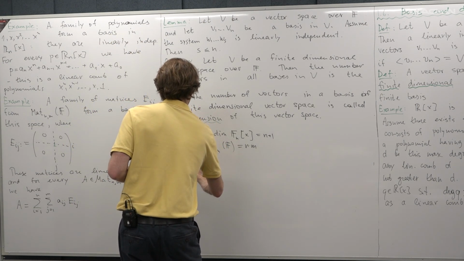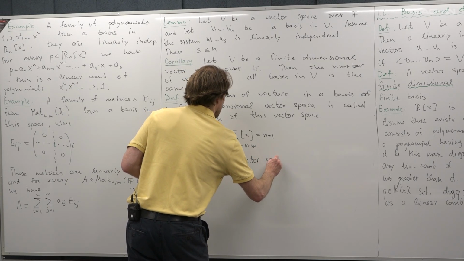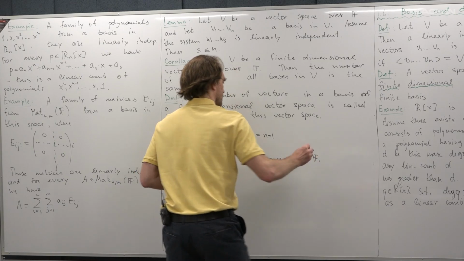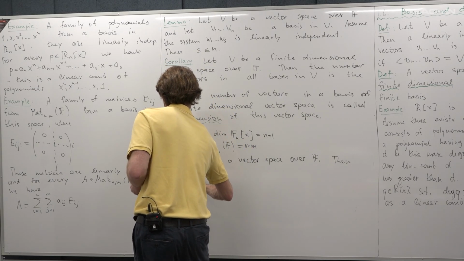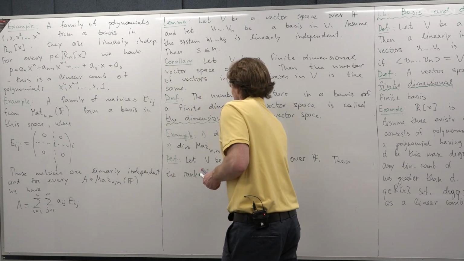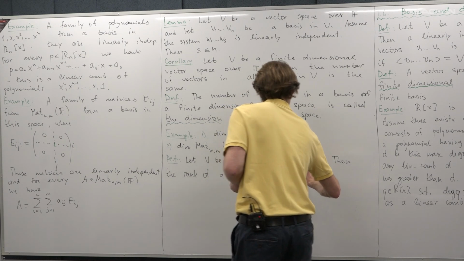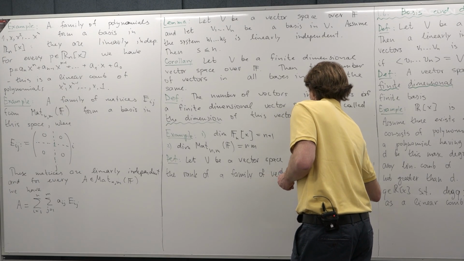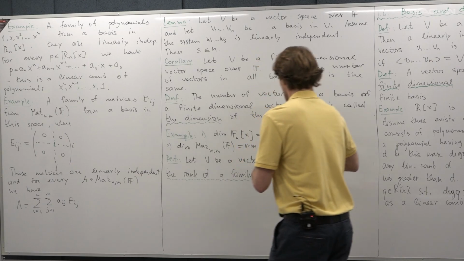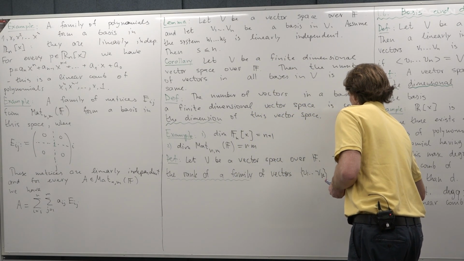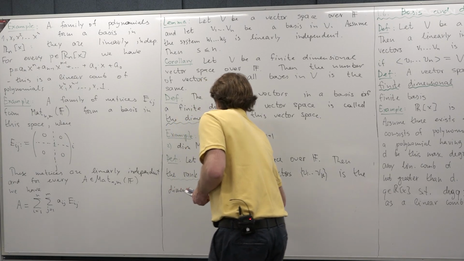So let V be a vector space over F, then the rank of a family of vectors v1, etc., vk is the dimension of the span of this family of vectors.